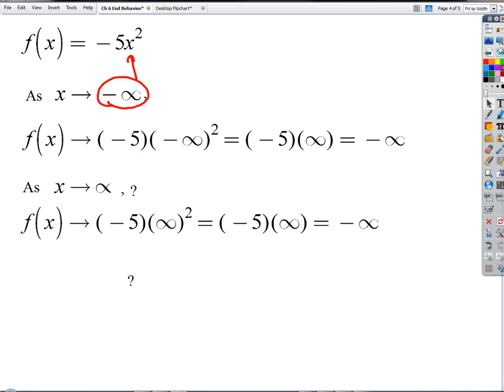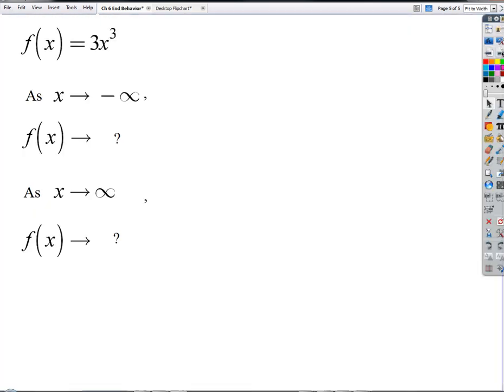If you can do this one, I'm convinced. I won't even show you the tables and we'll be done. So talk me through this one. As x approaches negative infinity, what's f of x going to approach? We need to get the sign. The coefficient is positive, so that 3 is positive.